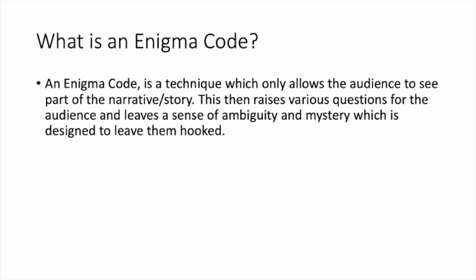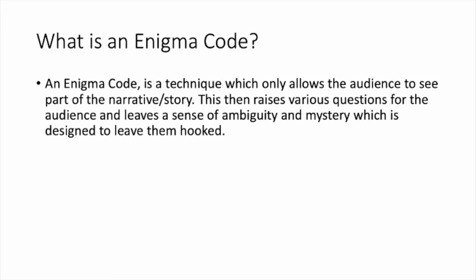Okay? Now, just giving you a very quick example. If a car pulls up on a street in New York and then we have a shot of the feet which then step out, the Enigma code in that particular case is: who do those feet belong to? Who is the identity of this mysterious person?